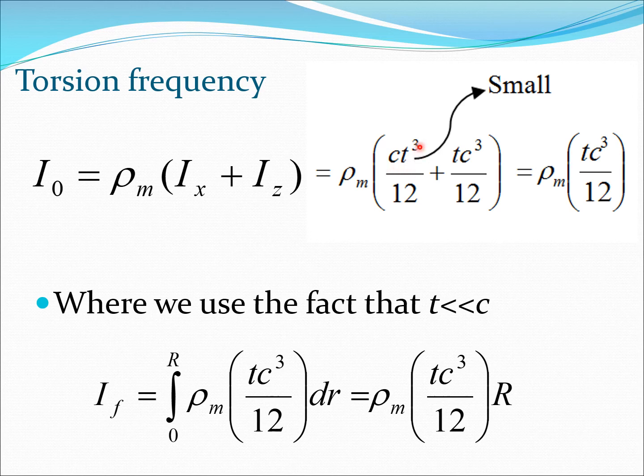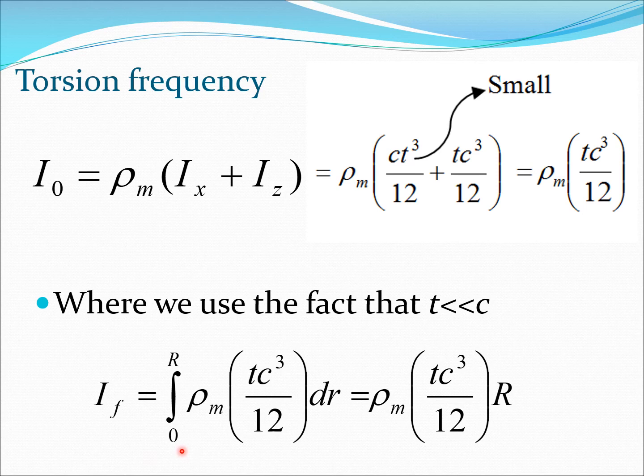So the first part is ct cubed by 12, second is tc cubed by 12. But what happens is that the term t is relatively small compared to c, so we'll neglect this term. So we only keep the term here which involves cubing the chord rather than the one which is cubing the very small thickness. So then IF can be written in this form.